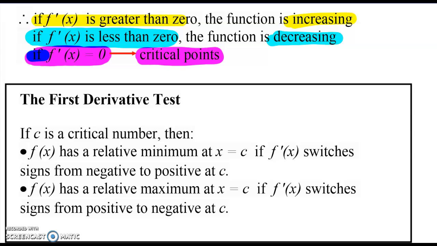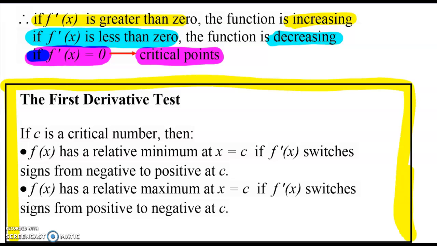This leads us to our first derivative test. You can highlight it in your note package. If c is a critical number, and we know how to find c, we did that in 5.2, then f of x has a relative minimum if the derivative of x switches from negative to positive. Let's flip back a little bit here.